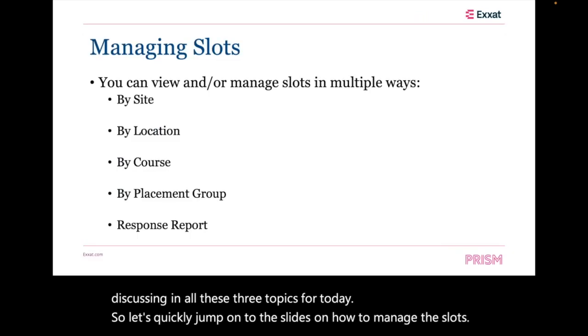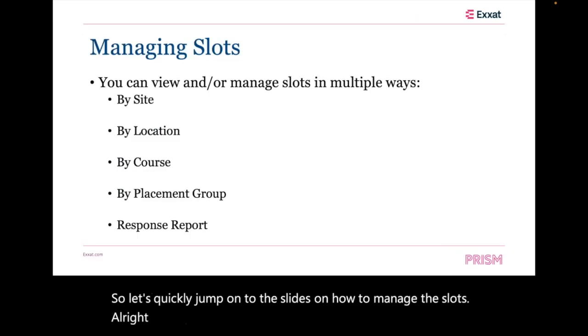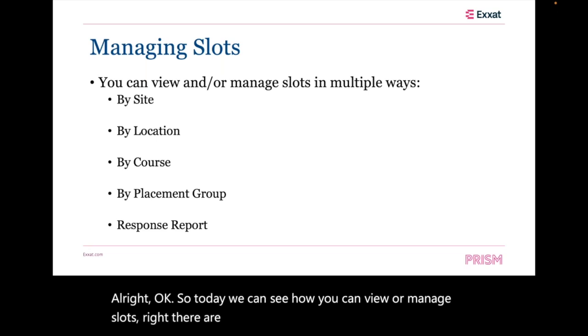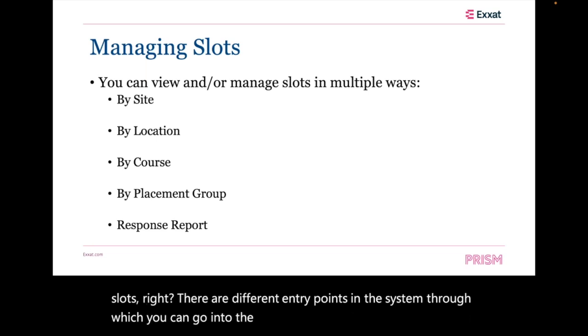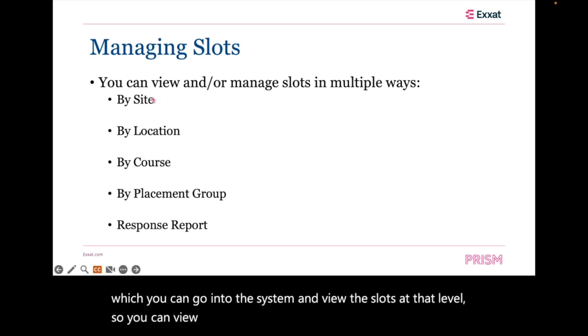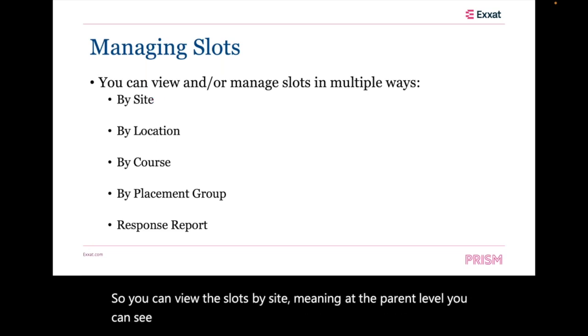All right. Today we can see how you can view or manage slots. There are different entry points in the system through which you can view the slots. You can view the slots by site, meaning at the parent level, you can see what slots you have received.